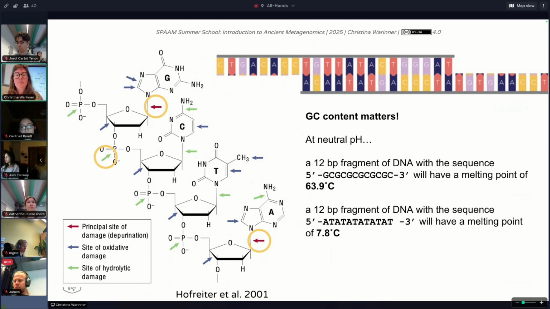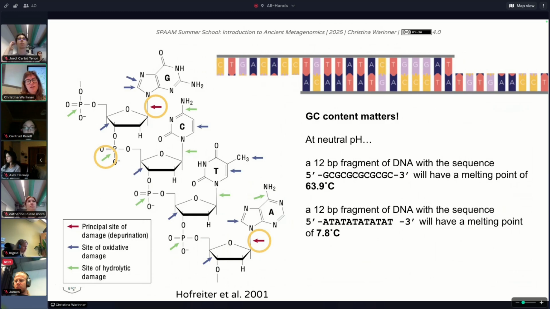Just a real world example of this, it really matters because we're counting hydrogen bonds. It matters, the GC content. As you know, GC have 3 hydrogen bonds, whereas A's and T's have 2 hydrogen bonds attaching them. So the GC-rich genomes have much stronger bonding than AT-rich genomes.